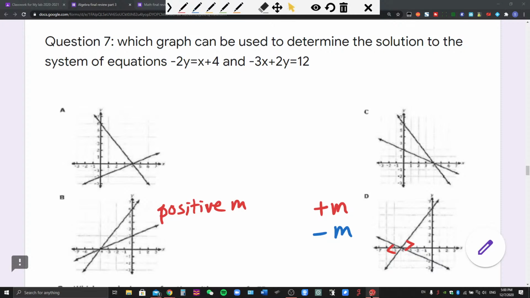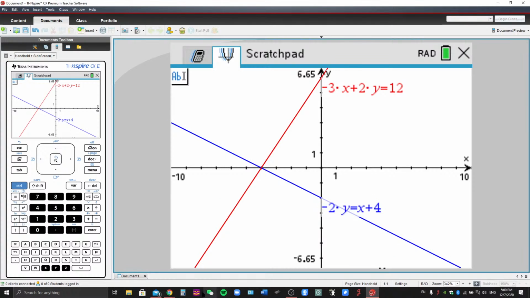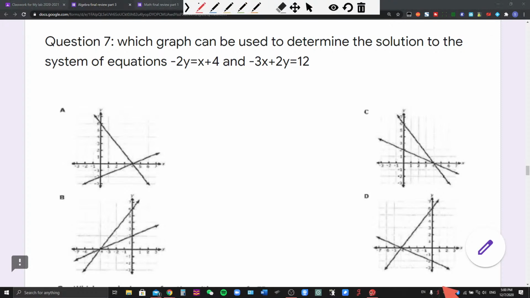Our graph shows it's one positive, one negative. So the answer will be D. By distinguishing their M, we can find out what the graph is.